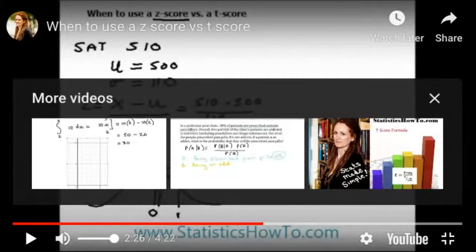Where is this person going to get into school? Can anybody figure that out based on these numbers? No one? No one wants to wager a guess, but you shouldn't be guessing.